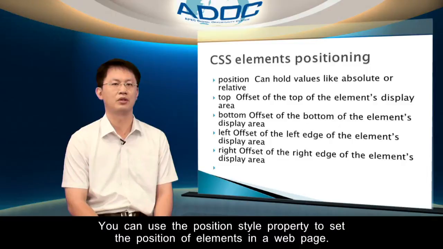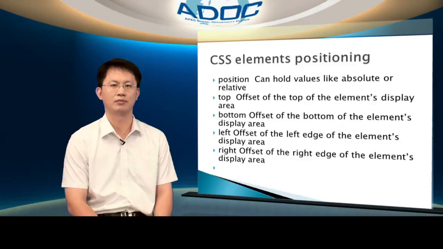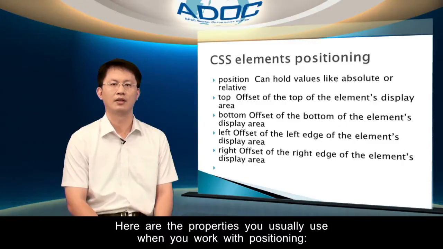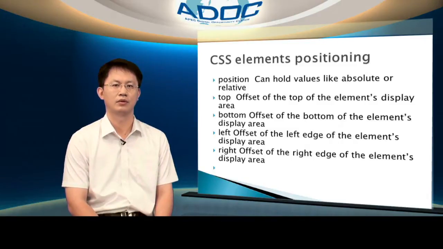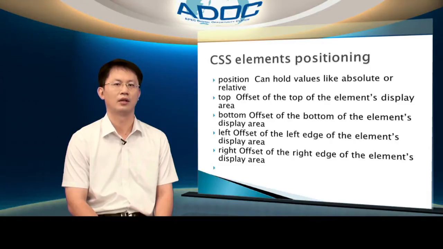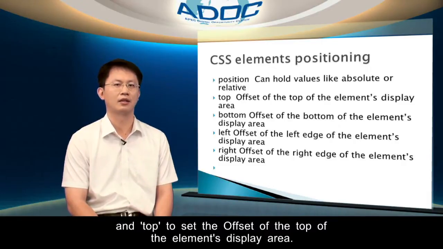And you can use the position style property to set the position of elements in a web page. CSS is frequently used for this purpose in business web pages. Here are the properties you usually use when you work with positioning. You can use position to hold values like absolute or relative, and top to set the offset of the top of the element's display area.